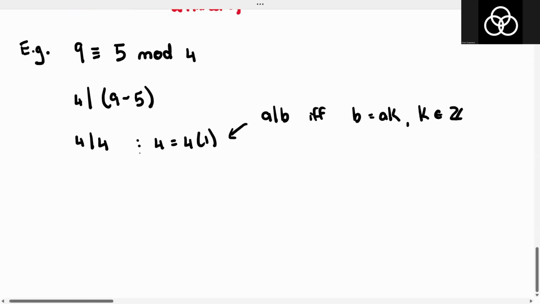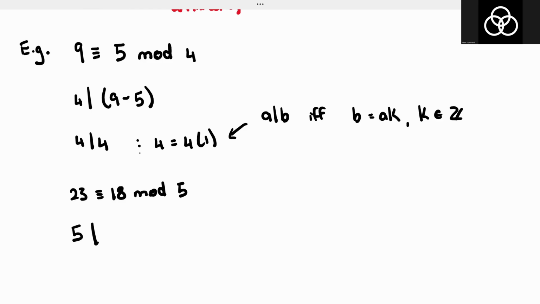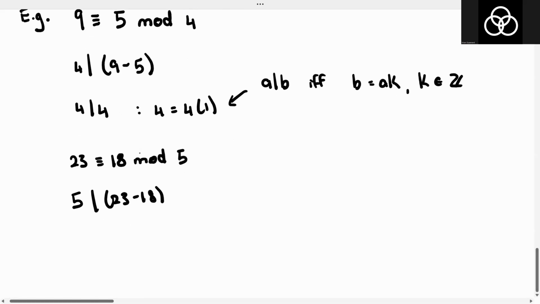Let's look at another one. Maybe we have 23 is congruent to 18 mod 5. Of course, 5 divides 23 minus 18, which is 5, so that's true.